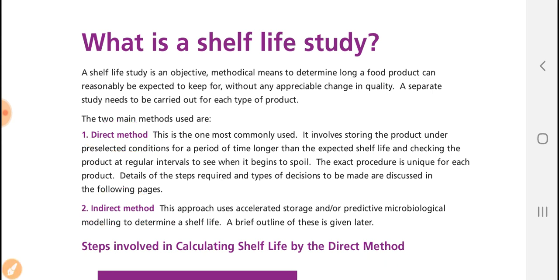We have to keep different conditions, like suppose that food is going to be stored in retail, then transportation, then wholesaler, different compartments having different conditions, and one control condition will also be there.